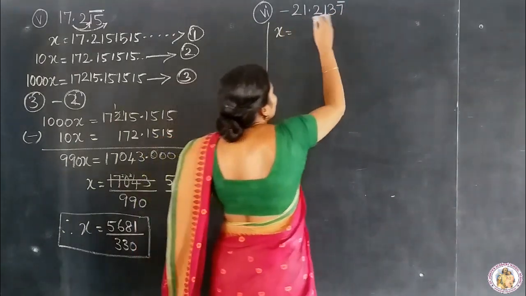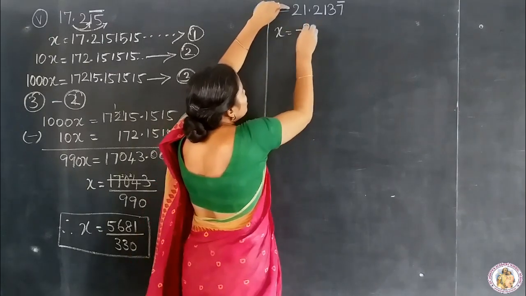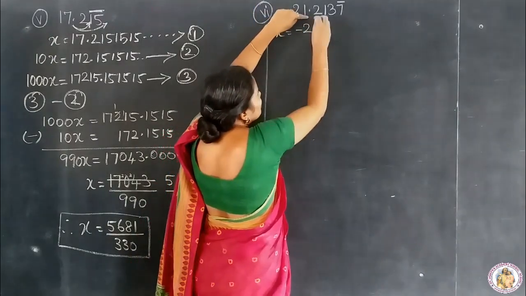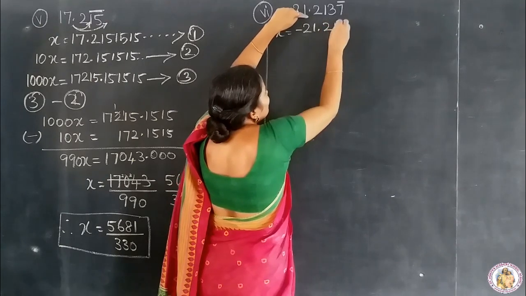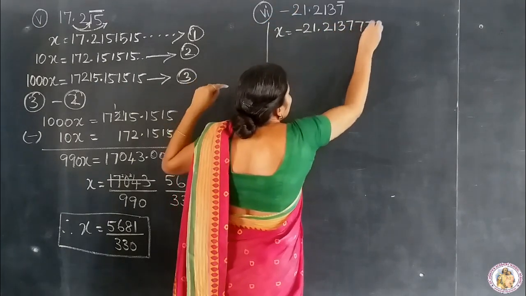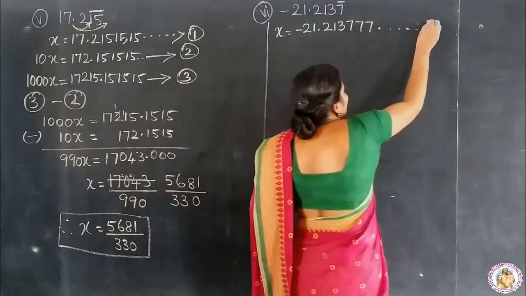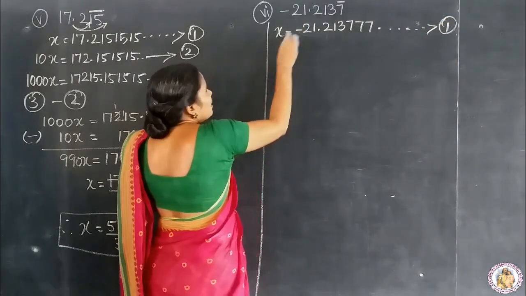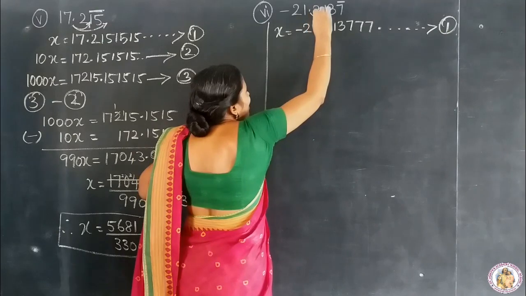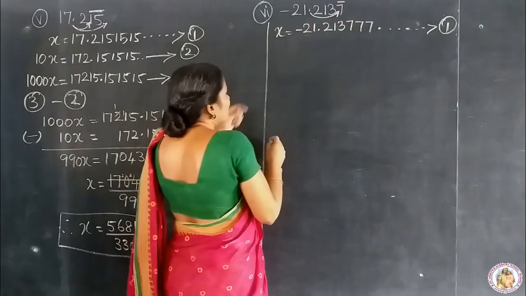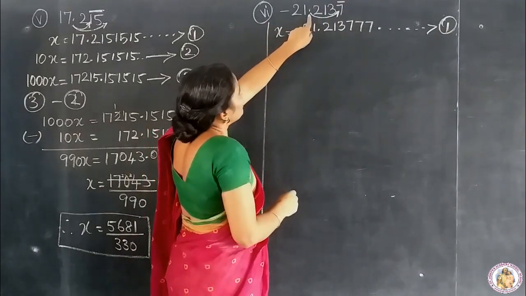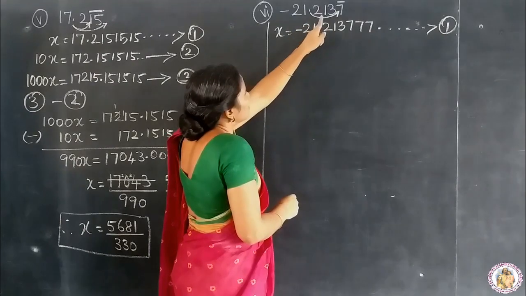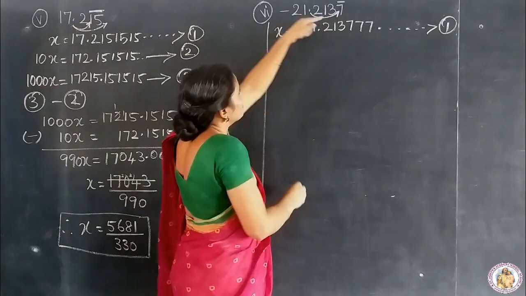So write as minus 21.213777. Taking this as equation 1. And then here go with the decimal place before 7, that is tens, hundred and thousand.